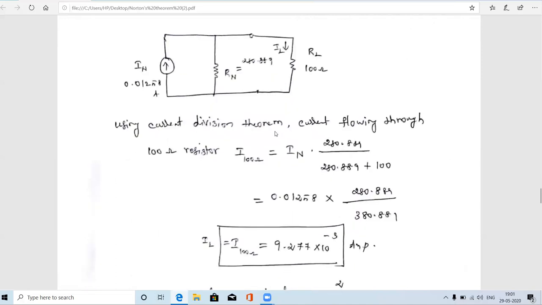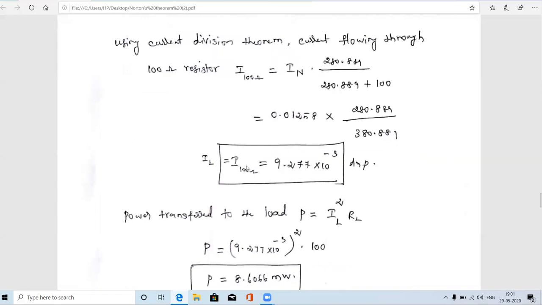According to the current division theorem, the current flowing through this 100 ohm load is calculated by the total current into the opposite branch. What is the opposite branch for this load? This 280.889 resistance divided by the sum of the two resistances. Here we calculated the answer as IL equal to 9.27 into 10 to the power minus 3, that is milliamps. So the current is calculated.